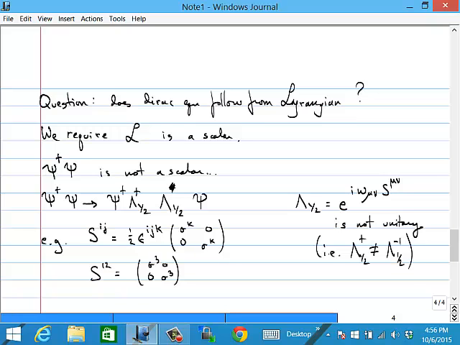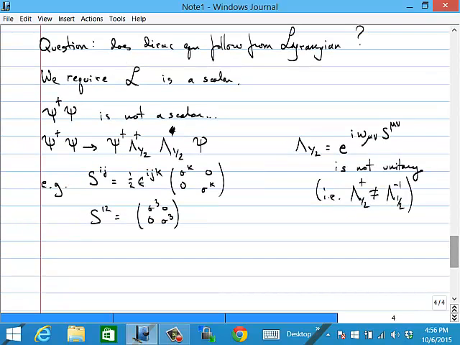Okay. Well, Sij is Hermitian because the Pauli matrices are Hermitian. So what does that mean? That means that e to the i Sij, dagger, is e to the minus i Sij.